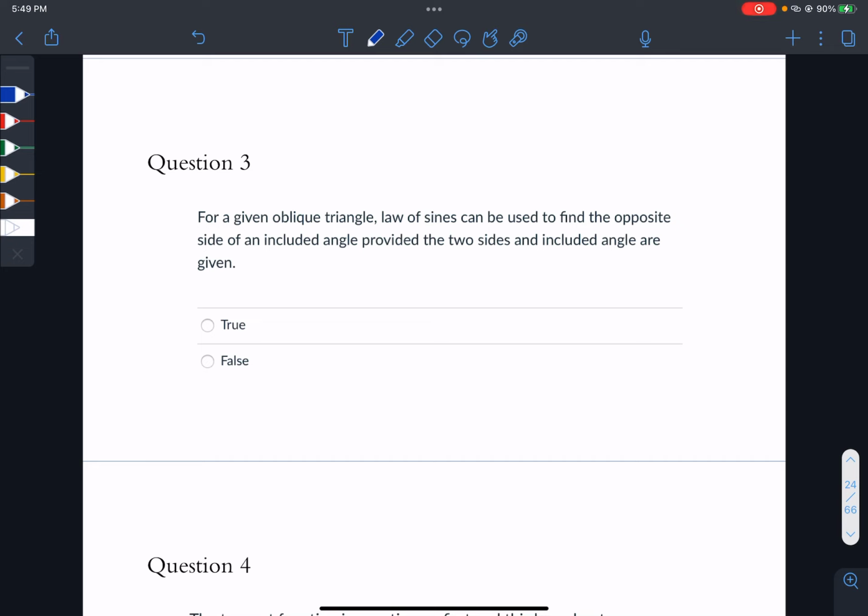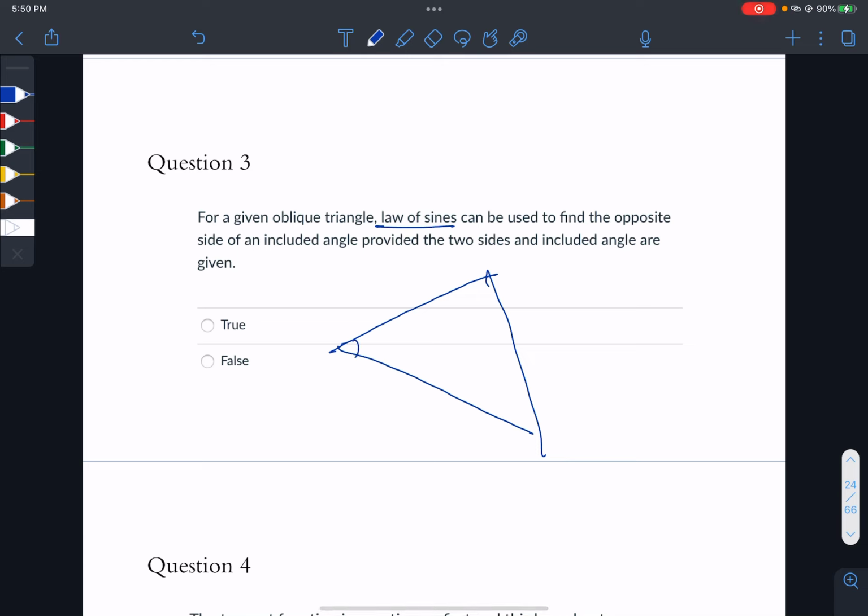For question number 3, for a given oblique triangle, the law of sines can be used to find the opposite side of an included angle, provided the two sides and included angle are given. So it says that if you have an oblique triangle, the law of sines can be used.